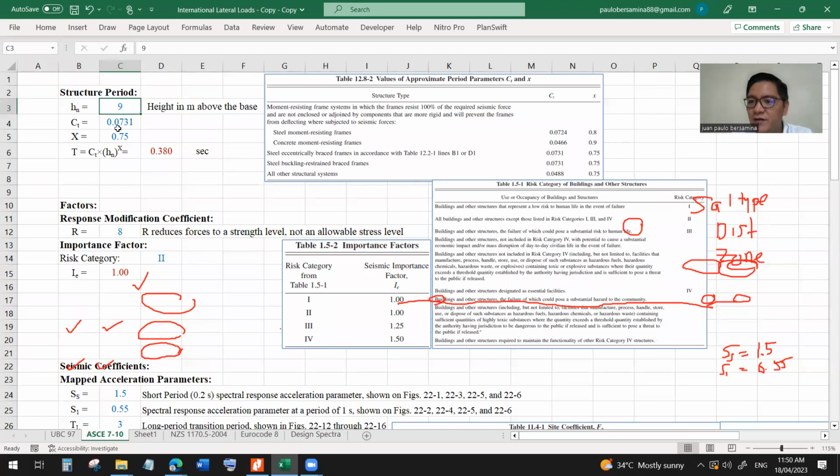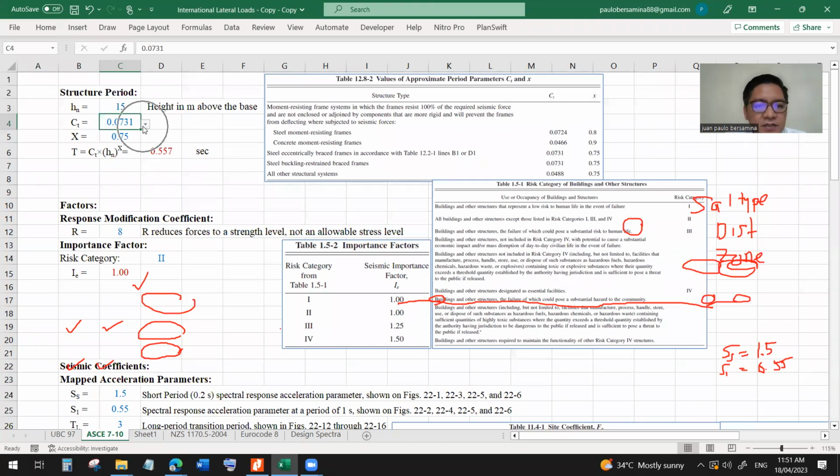Hindi ko na i-discuss in detail yung ibang formula muna. Anyway, hindi ito yung governing code pa sa atin. Pero gusto kong makita nyo yung difference ng IBC sa UBC. So, kung i-building ay 5-story, kung a typical height is 3 meters, that will be 15. 3 times 5, 15 meters.